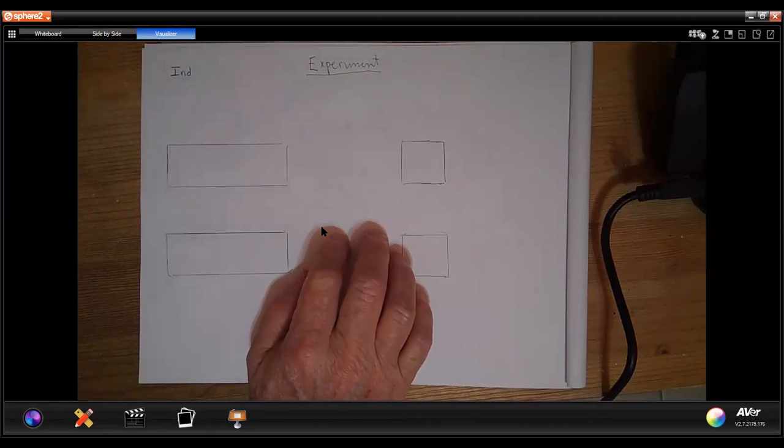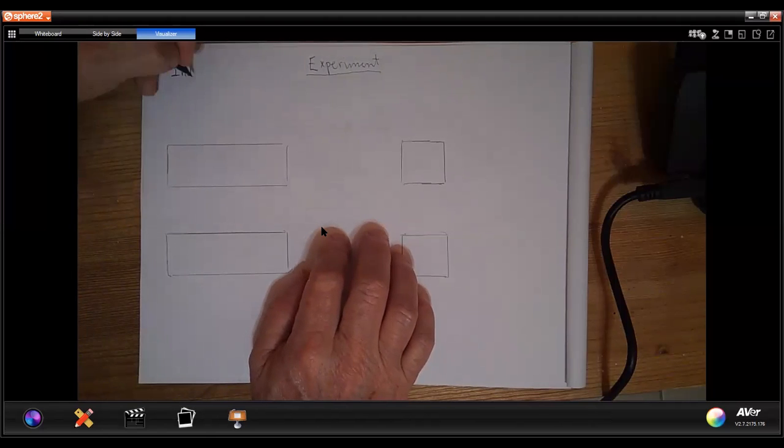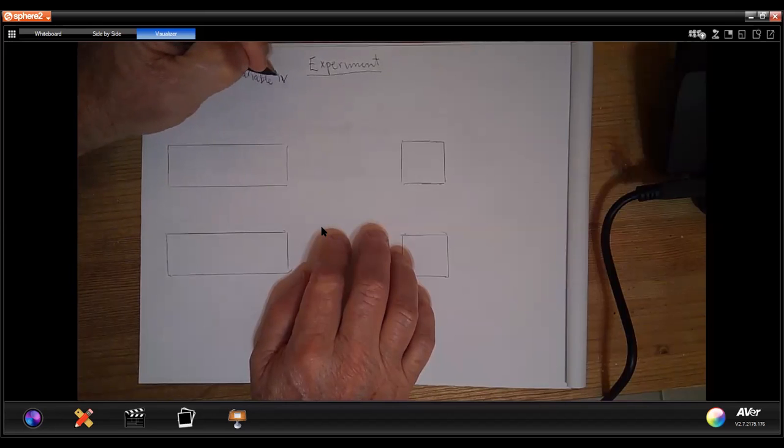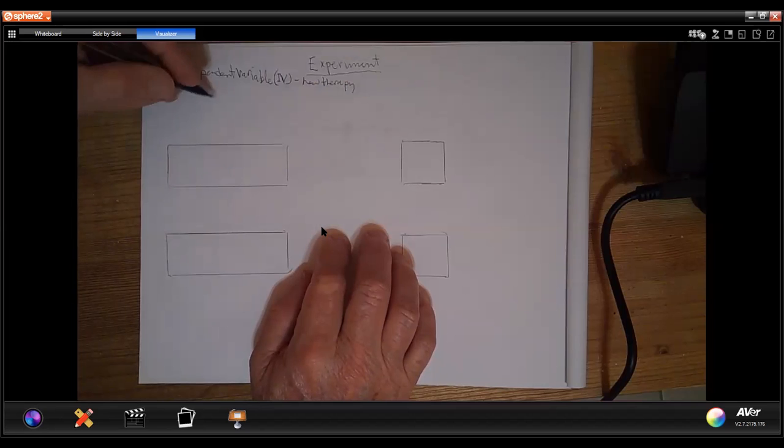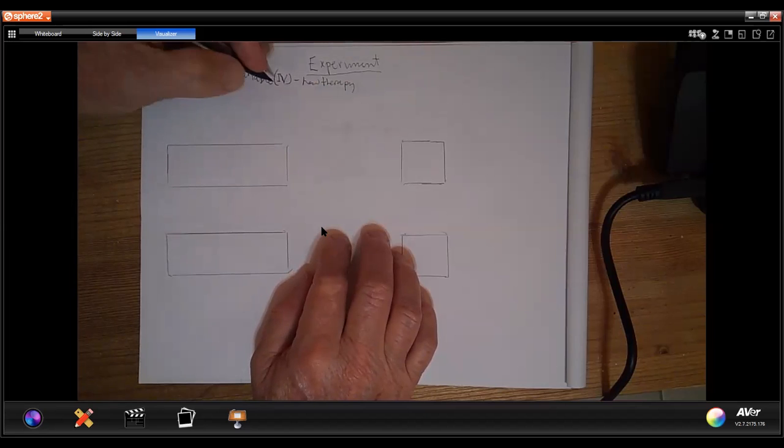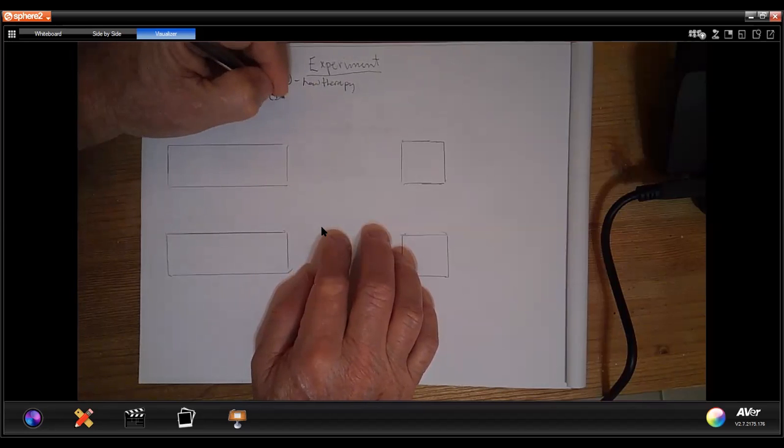Anxiety is nervousness, fear, that sort of thing. So our independent variable, which we're going to write as IV, for independent variable, would be new therapy. And our dependent variable, the thing we're going to measure, which we'll just put DV for dependent variable, will be anxiety.